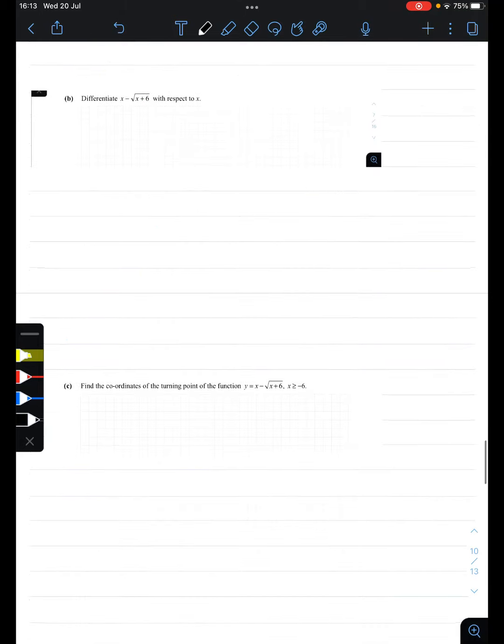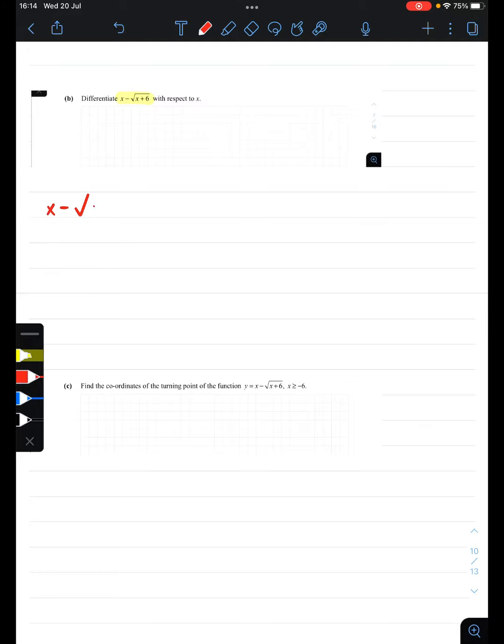So now let's look at part B. Differentiate x minus the square root of x plus 6 with respect to x. Okay, so our expression this time is x minus root x plus 6, and we've got to differentiate.